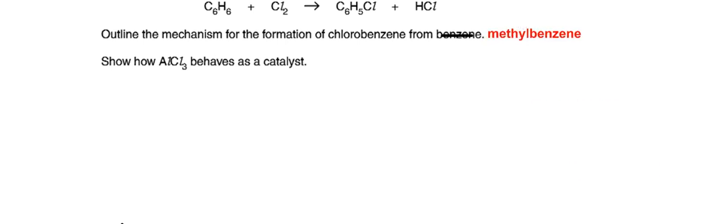So it's going to be the same mechanism, but with methylbenzene. Does this change the way we form and reform the catalyst? Pause. No. The catalyst is going to be formed and reformed in the same way as it was before.